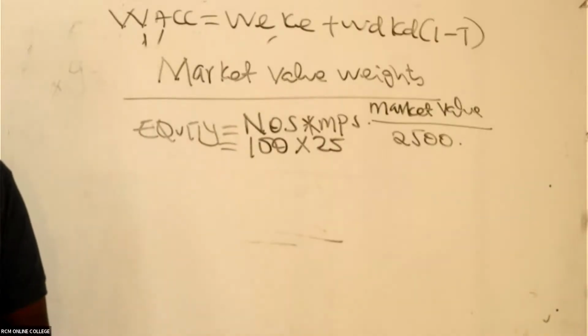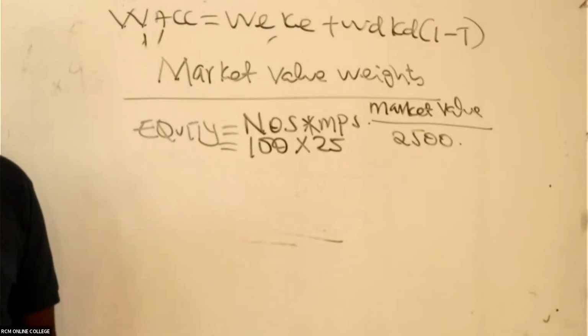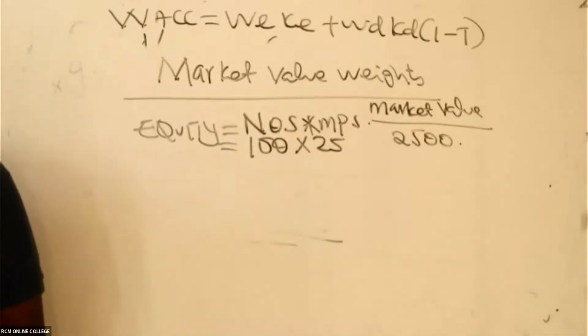Oh, I have stopped. Where did you remain? Very sorry. We shall overcome. Are you able to remember where we left you? Have you gotten the cost of equity, the 11.94?